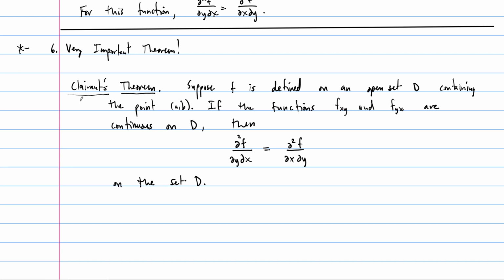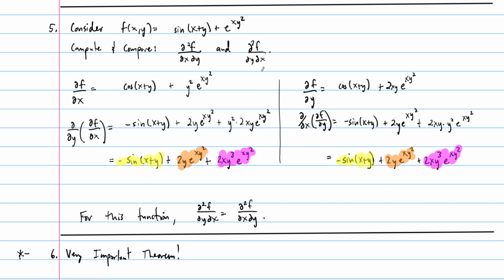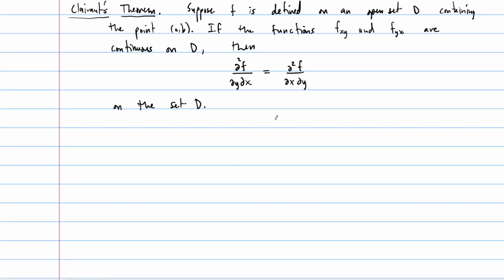So like I said, this is a very important theorem. We're not going to prove this theorem. I will let you believe this one. But the idea is exactly what we've illustrated from this example, right? These second partial derivatives are definitely continuous. They're actually differentiable. They're really nice functions, and they turned out to be equal. It will always work out that they're equal. So what does this mean? Well, there are lots of important meanings we'll draw from this theorem.